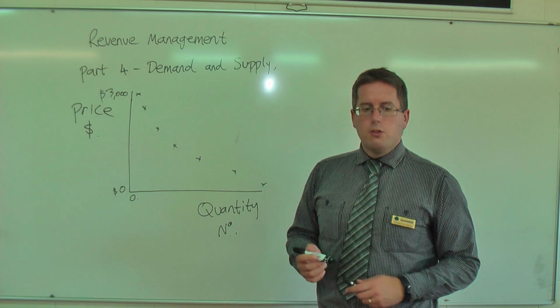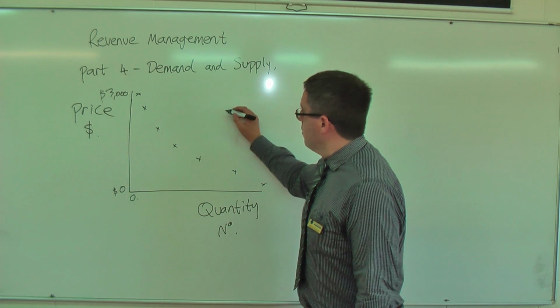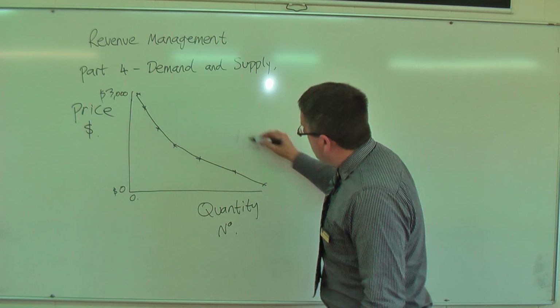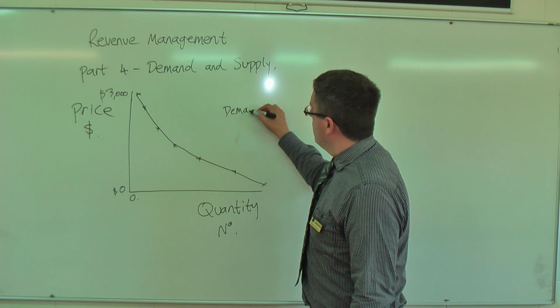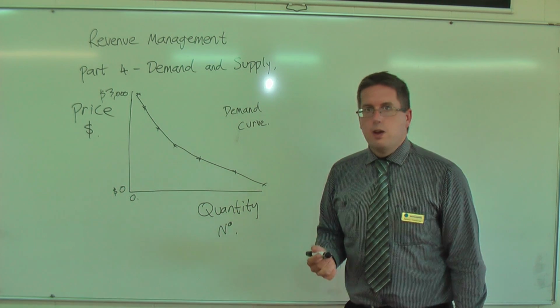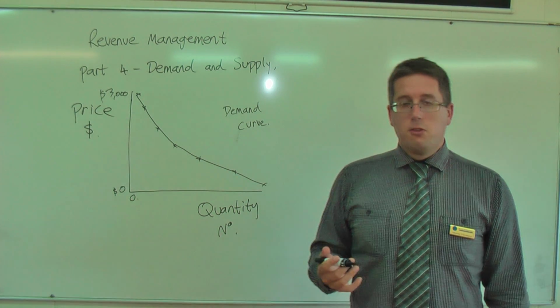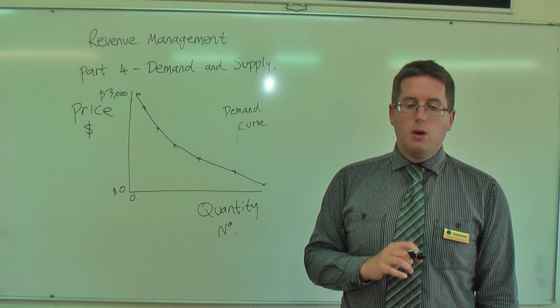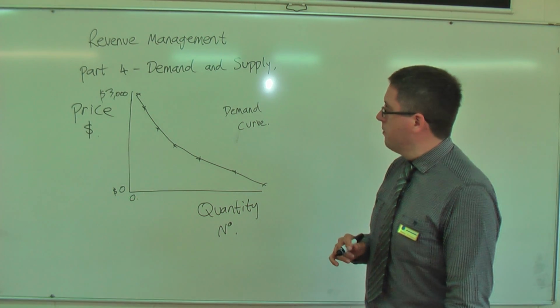This is what's called a demand curve. I'm going to put a line through all those. The demand curve illustrates what demand is. You can have a look at the other videos on Canvas as well that explain demand.